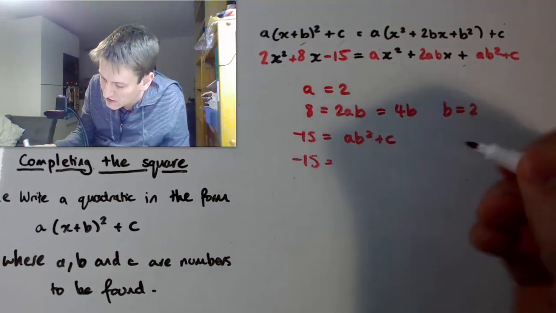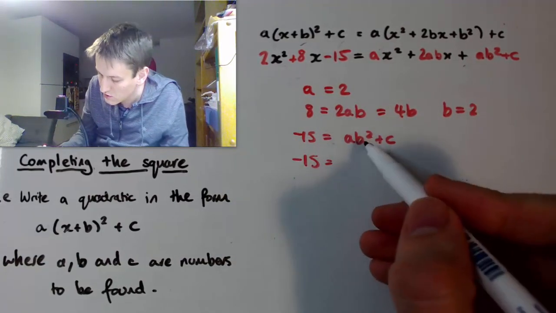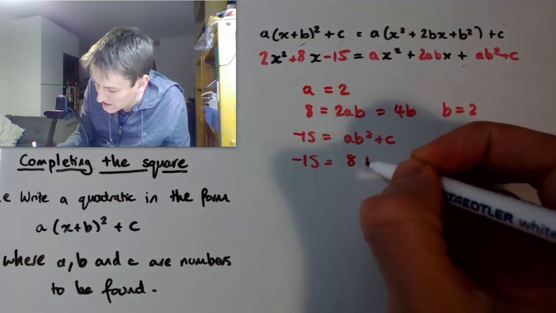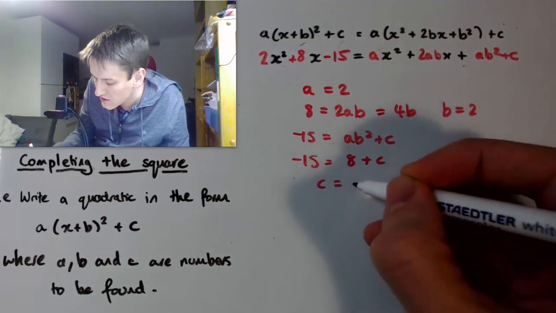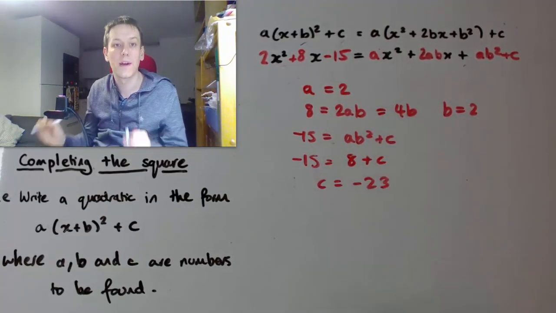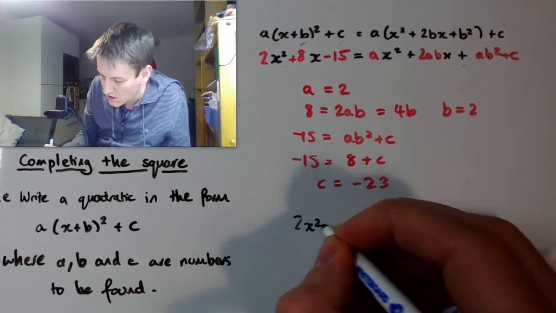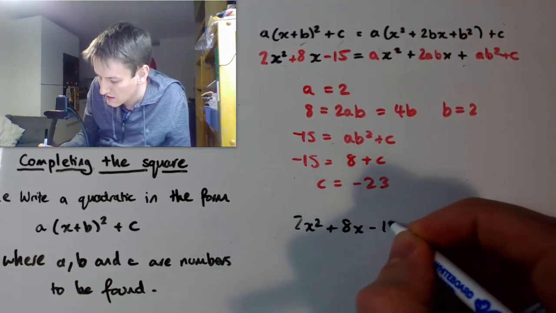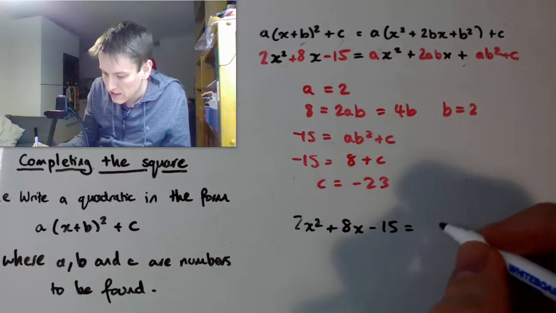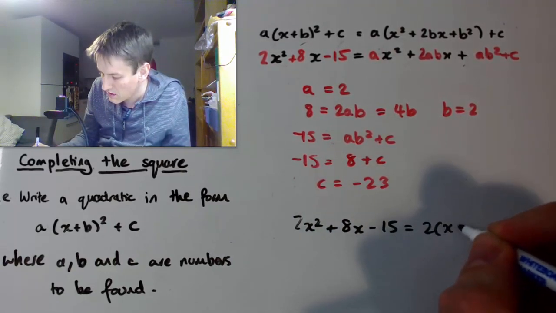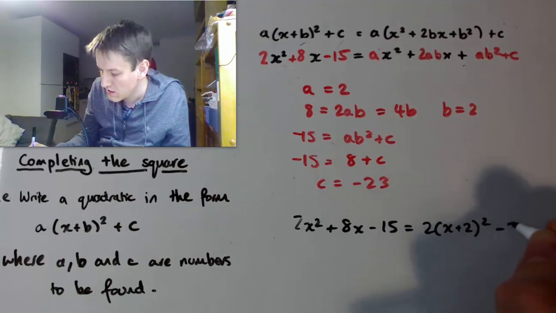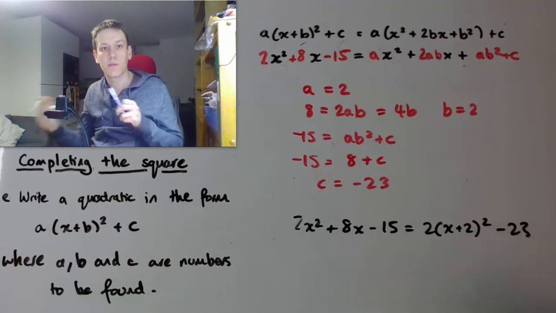We know a and b, so this is 2 times 2 squared, which is 8, plus c, so that gives us c equals minus 23, and that shows us that 2x squared plus 8x minus 15 equals 2 times x plus 2 squared minus 23, and we're done.